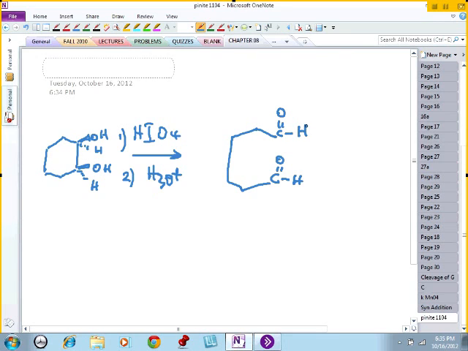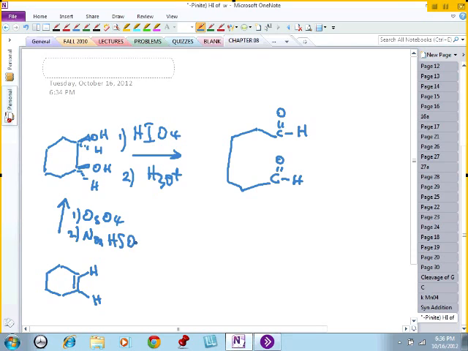You notice there is a similarity between this reaction and ozonolysis. In other words, remember we started with this. Step 1, osmium tetroxide. And step 2, sodium hydrogen sulfide, to form what we call the 1,2-diol.